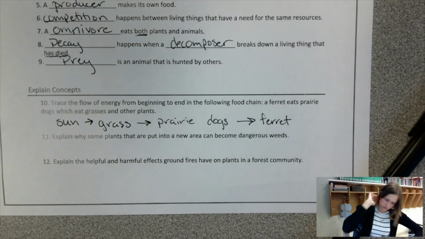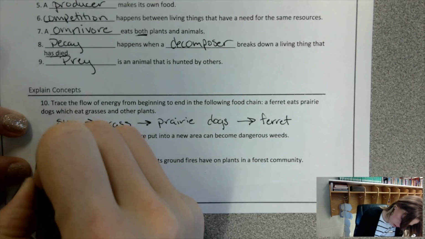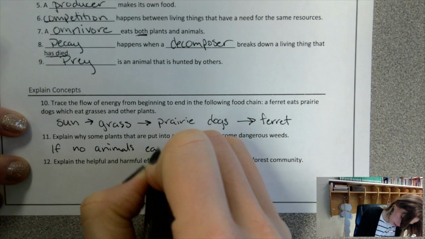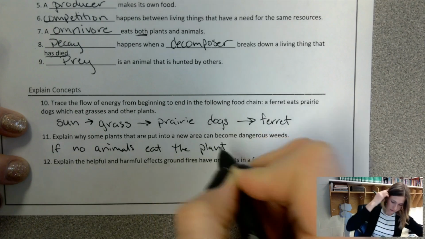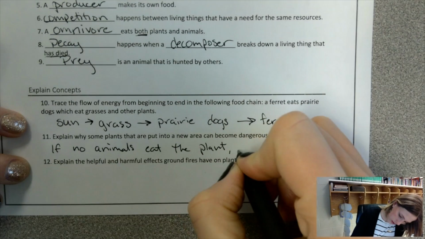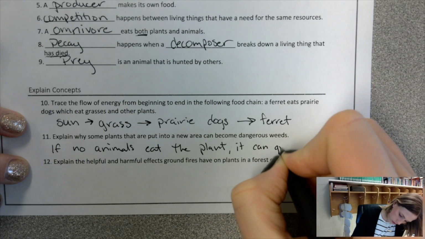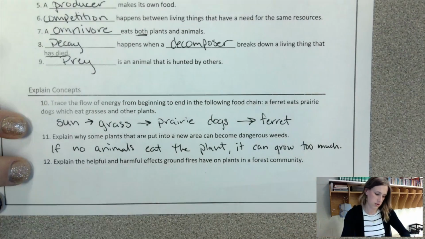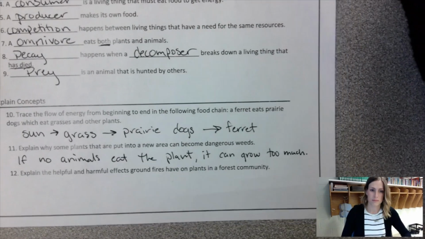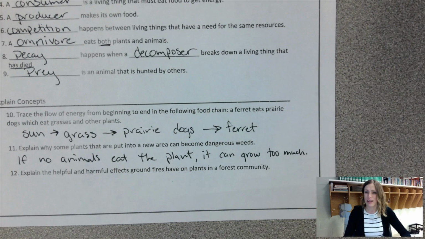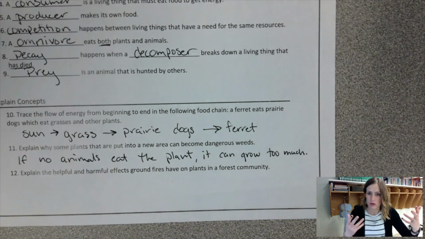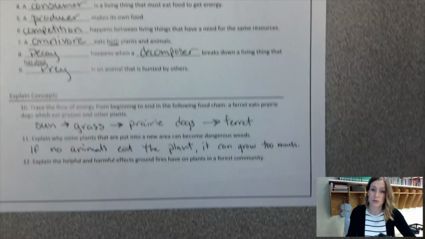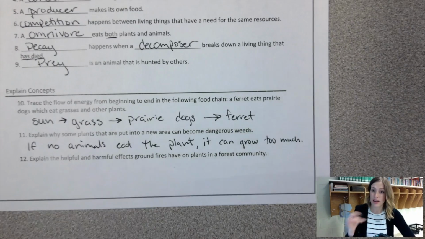If no animals eat the plant, it can grow too much. Right? If it grows too much, that's a bad thing. That's a bad thing because then other plants that normally grow in that space don't have space to grow and they eventually die off. It would be bad for the animals too, because then the animals lose their food that ate the plant that can no longer grow.